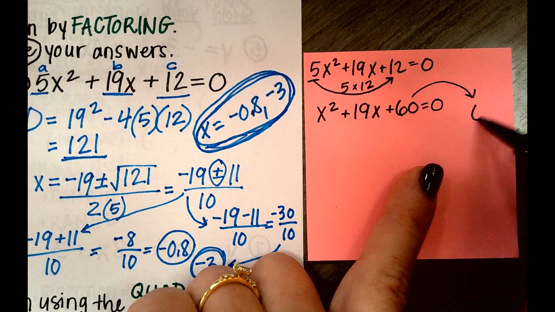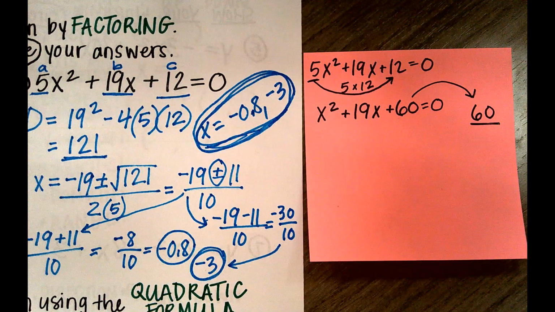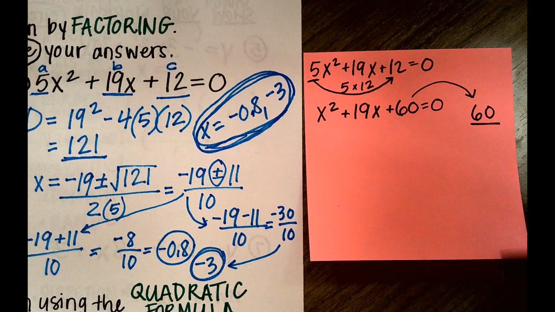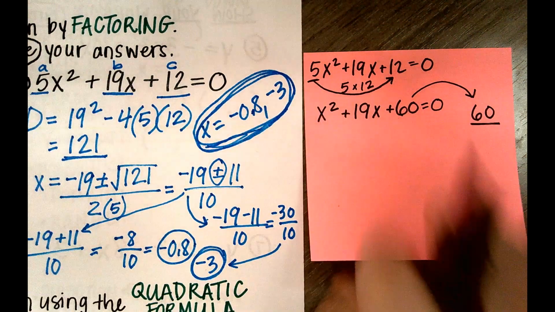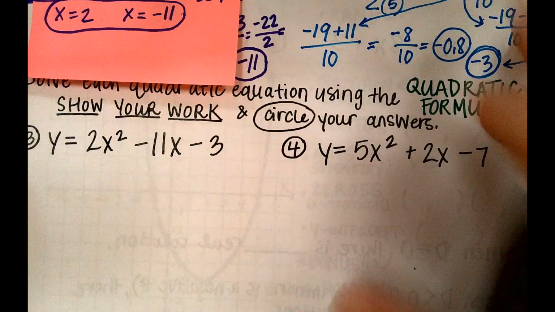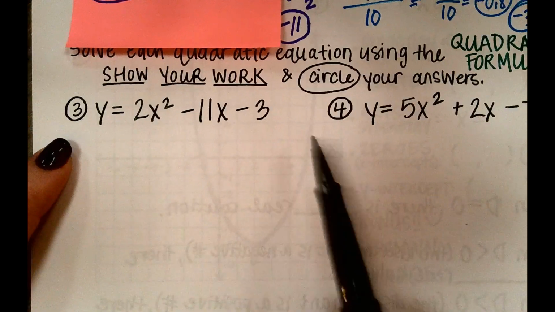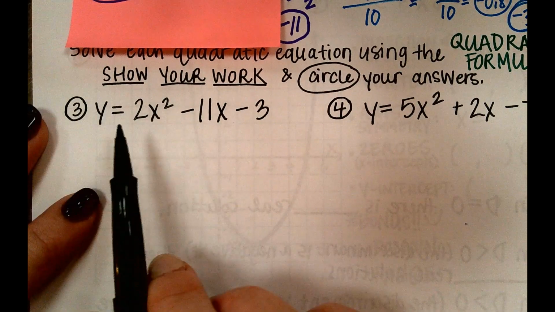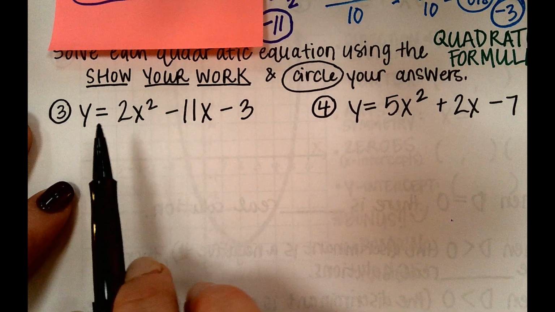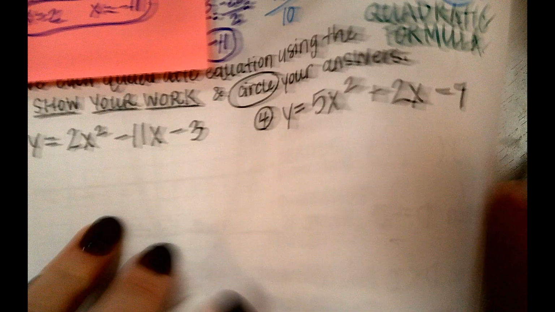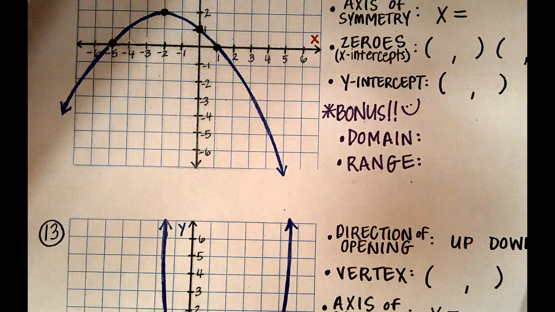Yes? How come with the number here before it, it says y equals the equation? Quick pause from this. I'm going to address Ella's question. Ella asked, how come on number 3 and 4 it says y equals instead of equals 0? The reason it says y equals is because when I wrote this practice quiz, I was thinking of the graph.